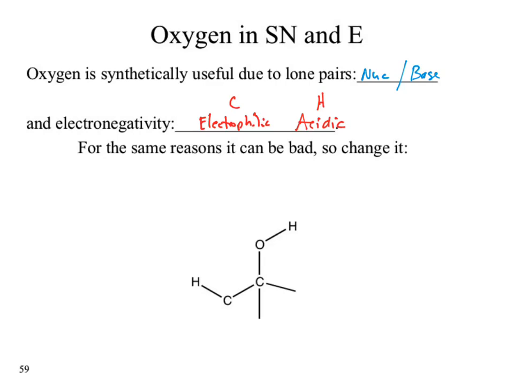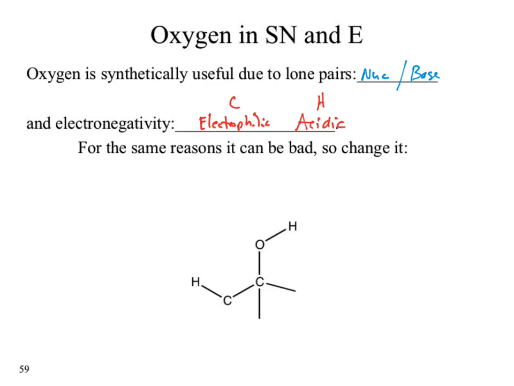If there's an alcohol in my structure, it could react at any time through the whole process. So when we think about the alcohol functional group, we have to be aware of all of the chemistries available to it, and we might decide that that is a bad thing.